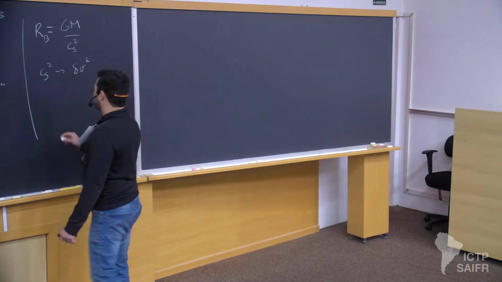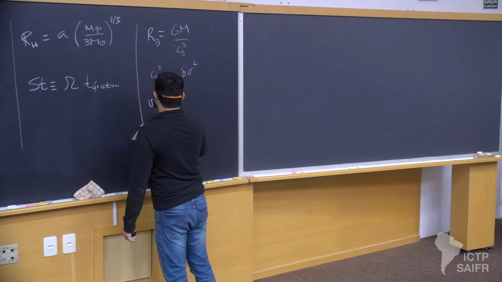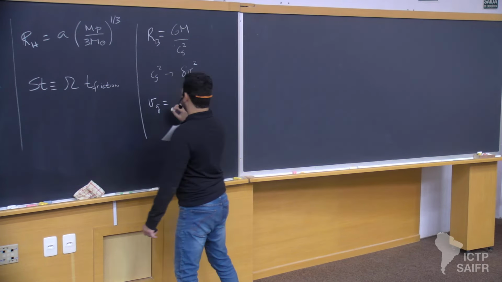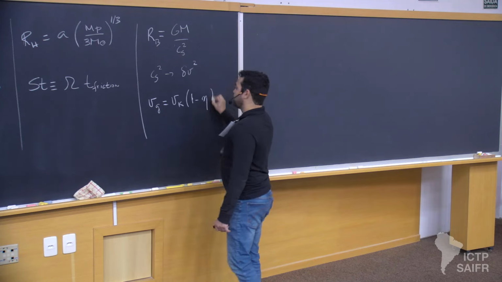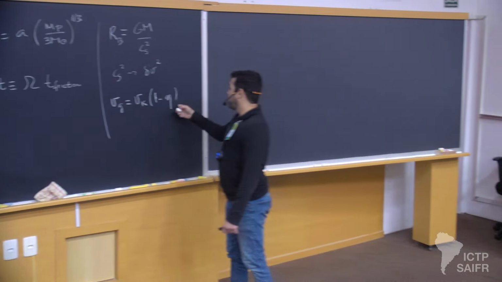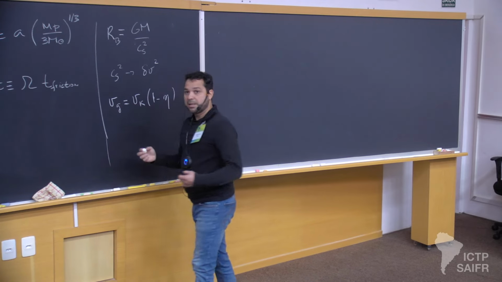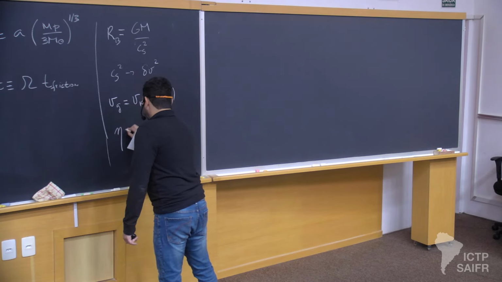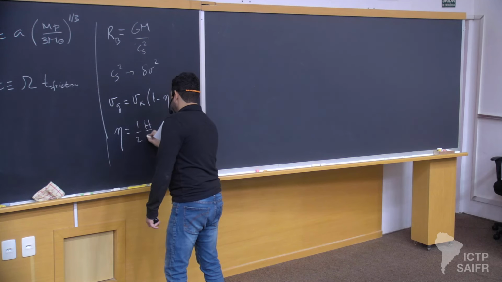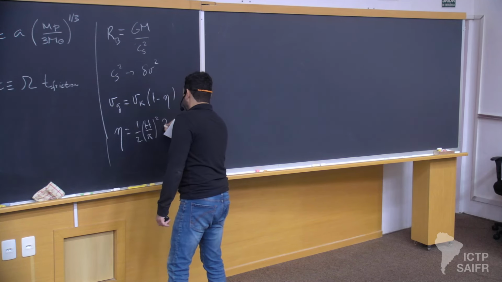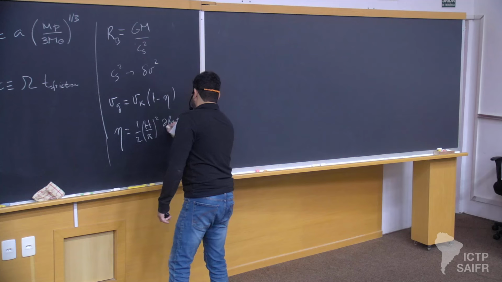Remember from last class, the gas orbits at a speed that is slightly sub-Keplerian, where this eta is given by the pressure gradient. Eta is 1/2 of the scale height of the gas over radius, squared, times the radial pressure gradient.